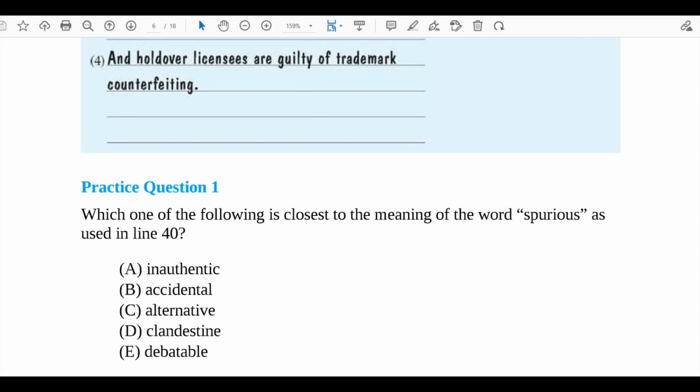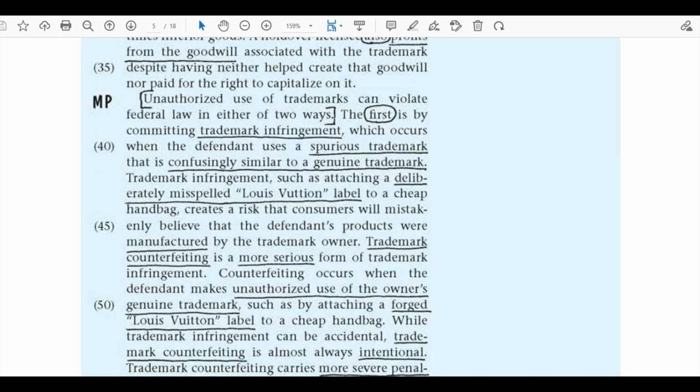Let's go to our line 40 and analyze what is that. Maybe some suitable options we will find. So the first is: by committing trademark infringement, which occurs when the defendant uses a spurious trademark that is confusingly similar to a genuine trademark.